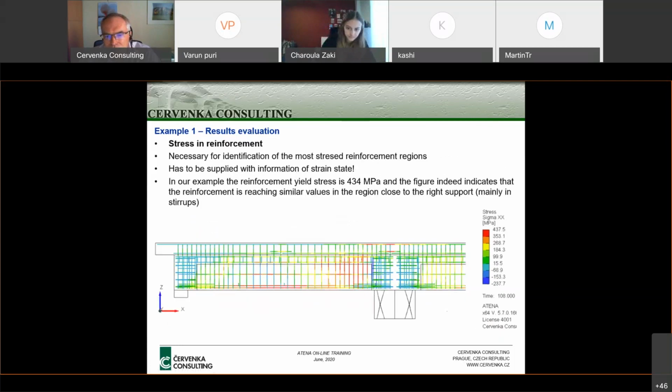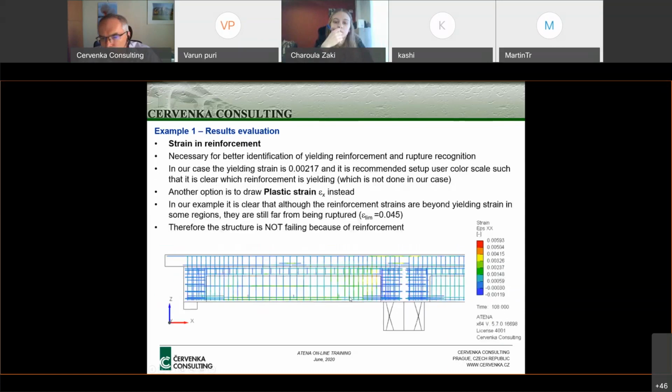But sometimes the stresses don't tell us the whole picture because it's difficult to say which reinforcement is really yielding. So better to support this by looking also at the strains. If we now look at the strains, we really see that the most critical strain development is in these reinforcement stirrups.